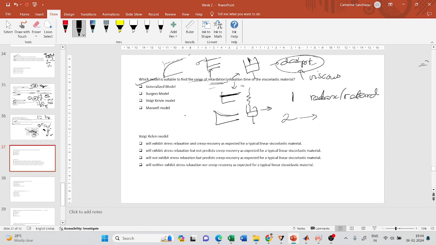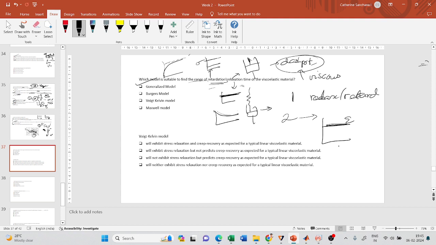Okay. So the next question is, a Kelvin model will exhibit stress relaxation and creep recovery as expected for a typical linear viscoelastic material. When we saw this Kelvin model, I explained one thing. It cannot be subjected to a stress relaxation experiment because the dashpot will not respond immediately to the strain which is being applied.